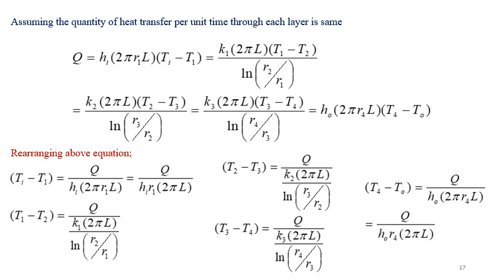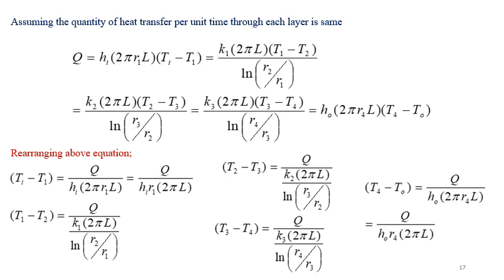Okay, so now we got Ti minus T1, T1 minus T2, T2 minus T3, T3 minus T4, T4 minus T naught. Adding all the sections, Ti minus T1 plus T1 minus T2 plus T2 minus T3 plus T3 minus T4 plus T4 minus T naught, what you are going to get is minus T1 plus T1, minus T2 plus T2, minus T3 plus T3, minus T4 plus T4.